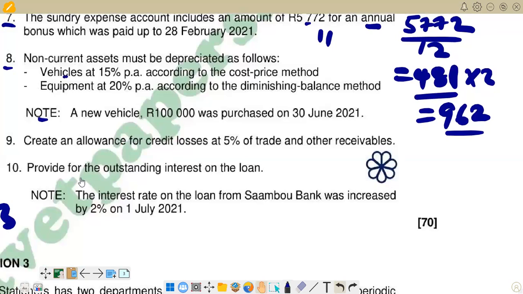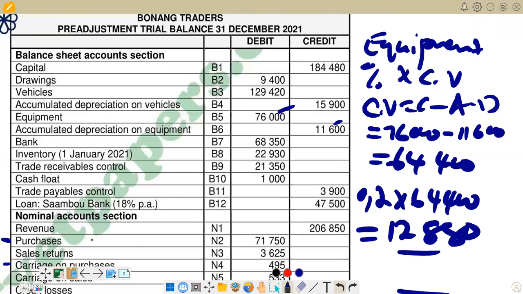So we are having 5% here as our allowance for credit losses of trade and other receivables. So we are going to check the amount for trade and other receivables in the list of balances, and then we multiply by 5% to get that amount.